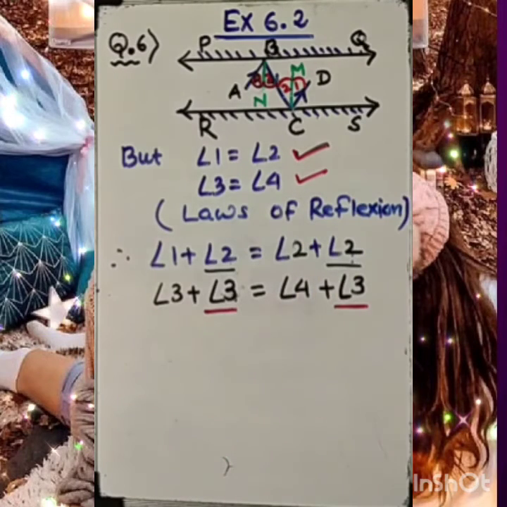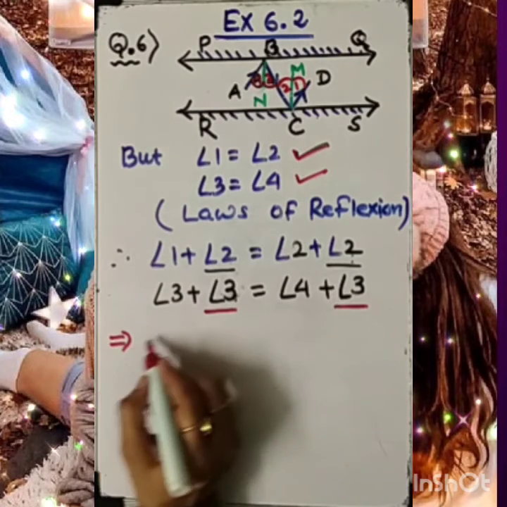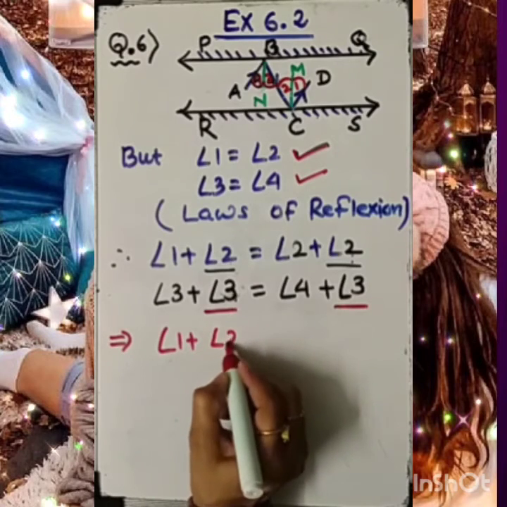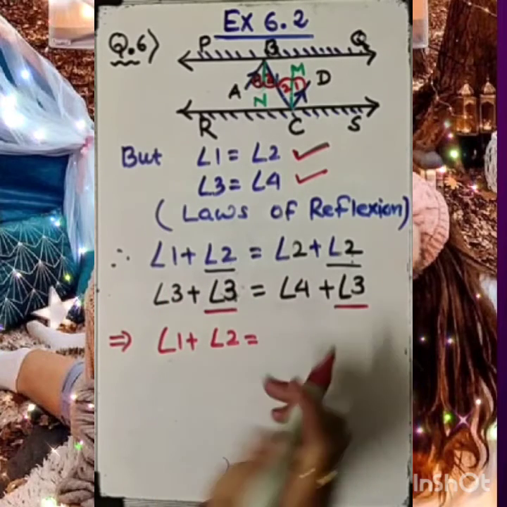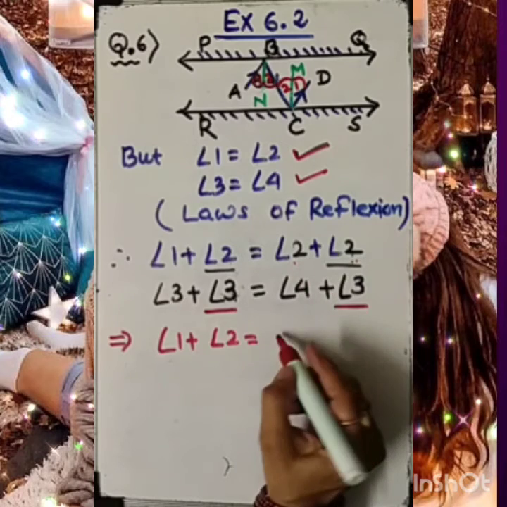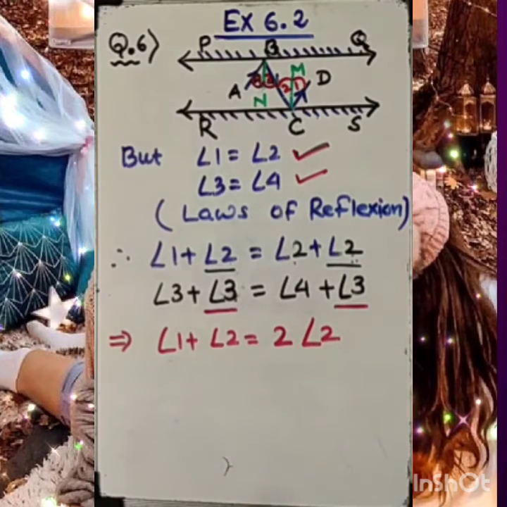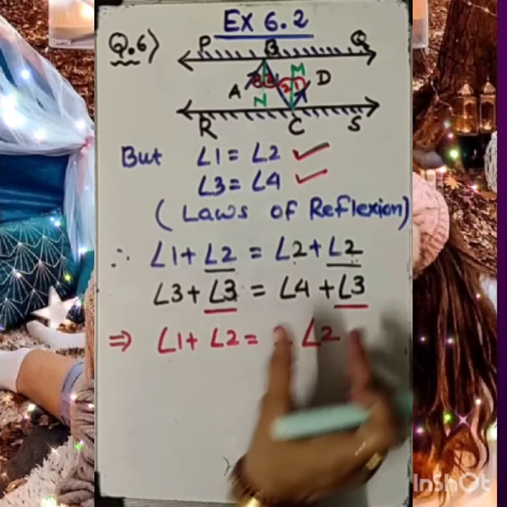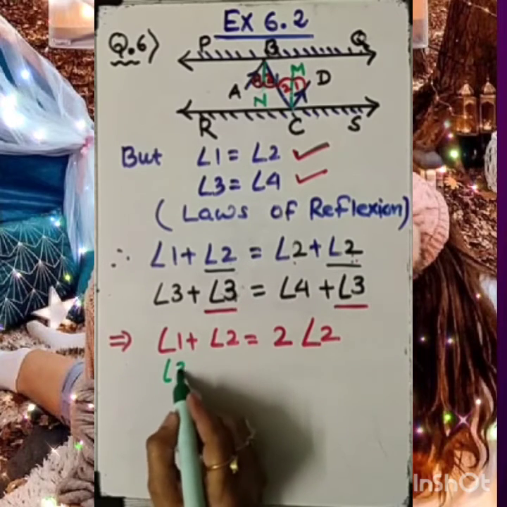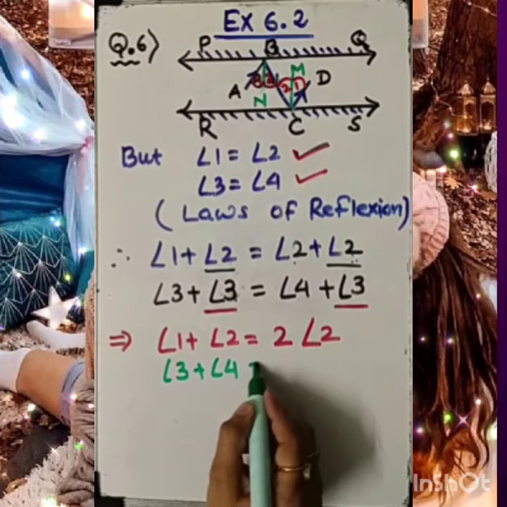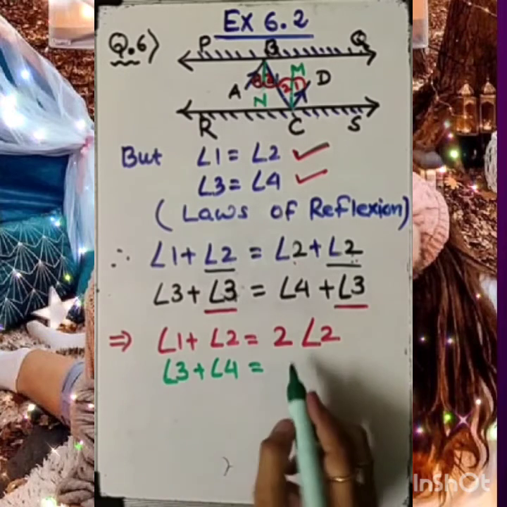Now according to the first result, can I say here angle 1 plus angle 2, the sum of these two angles, equal to 2 into angle 2, because it is 2 times. Same thing for this also: angle 3 plus angle 4 equal to 2 times angle 3.